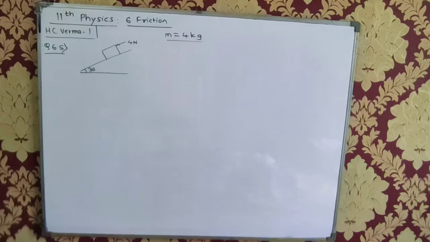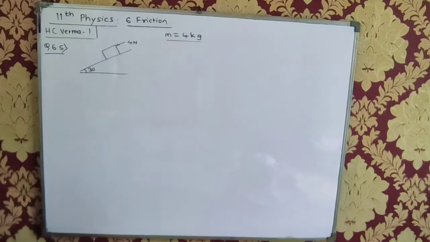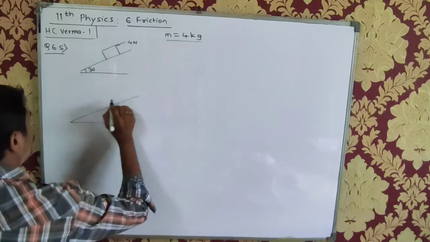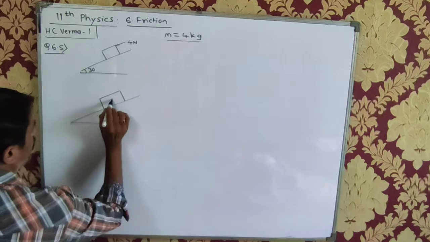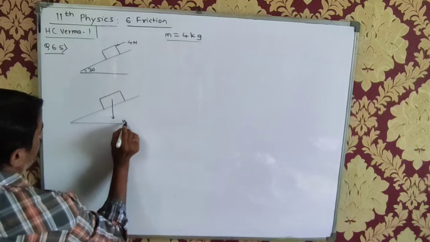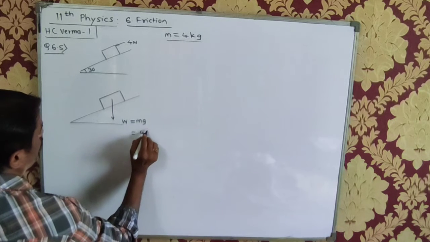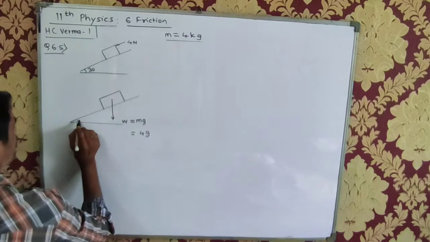Once again, let us draw the free body diagram of this block. But in addition to the previous forces, there is going to be the 4 Newton force as well. Okay, so this is the block. W is equal to mg. Mass is 4, isn't it? g. This is 30 degree.